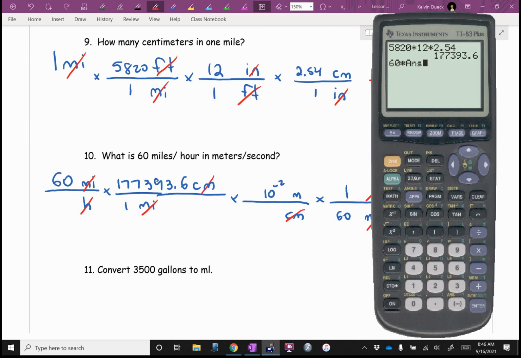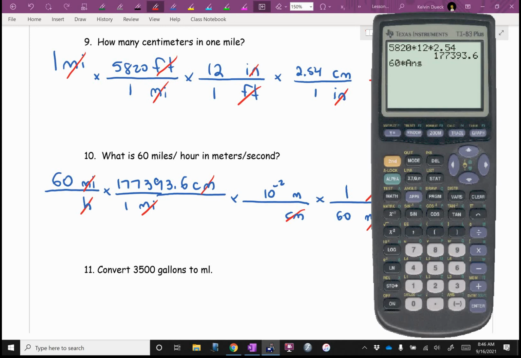Usually it's right next to the equal sign, or shift right next to the equal sign, or shift equals, or alpha equals. Find your answer button. If you can't find it, now is the time to raise your hand, because we're going to use this an awful lot. It's less typing, it's less error, and it's more accurate. It's a triple win, which is about the only time we ever get that.